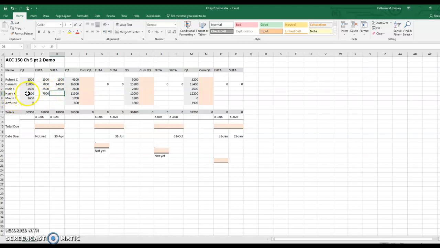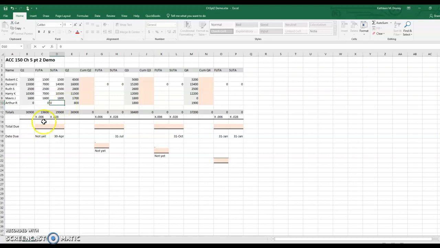But he's still under the SUTA maximum, so all of his gross wages are taxable for SUTA. Mavis is $1,600, which is well below the maximums, so all of her wages are taxable. Arthur didn't get hired until the second quarter, so Arthur has 0 wages, so of course there's nothing taxable.